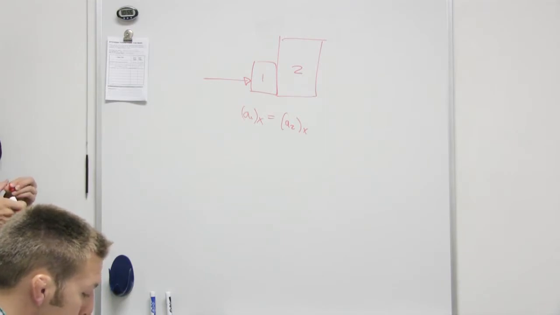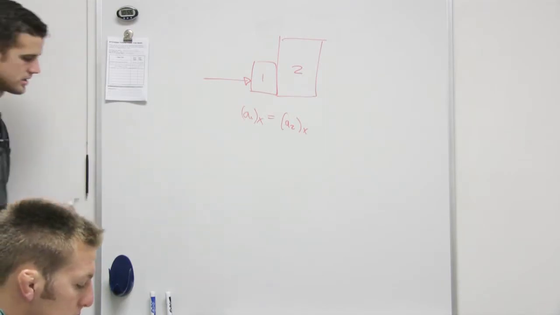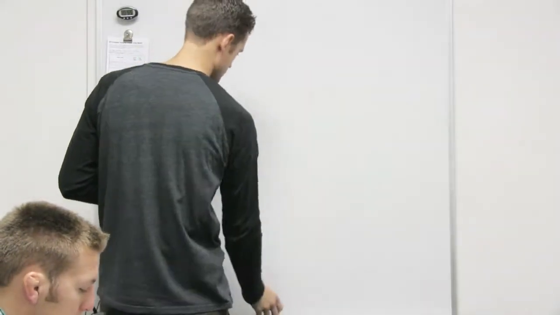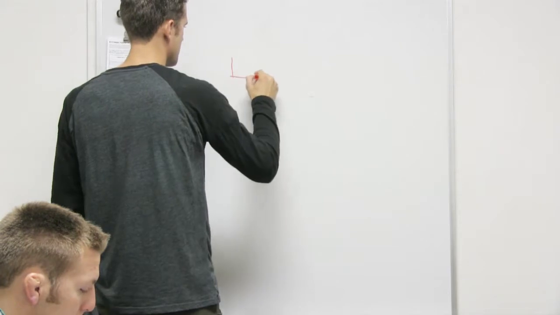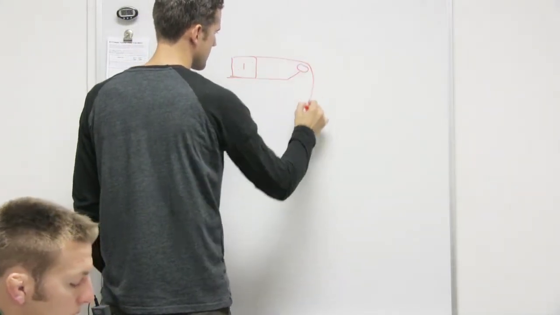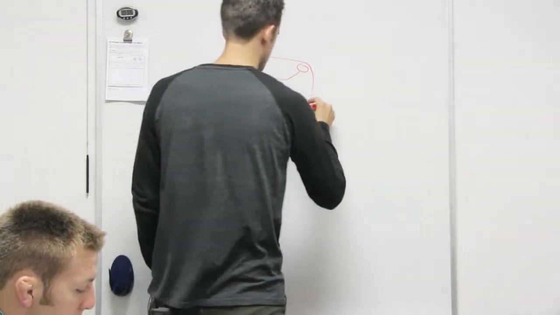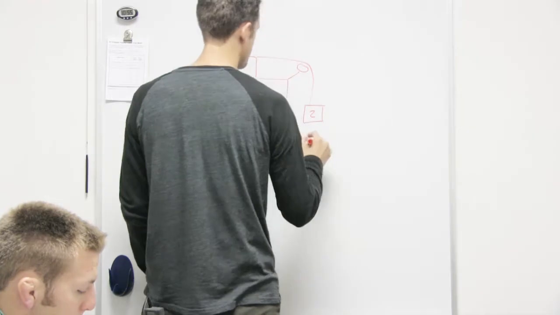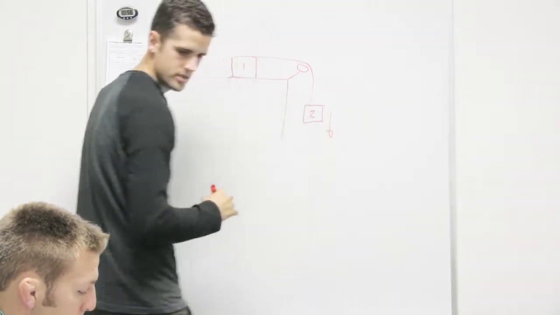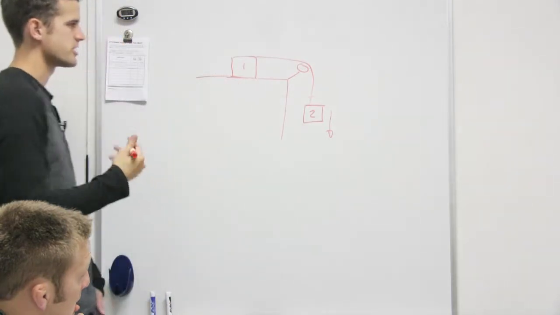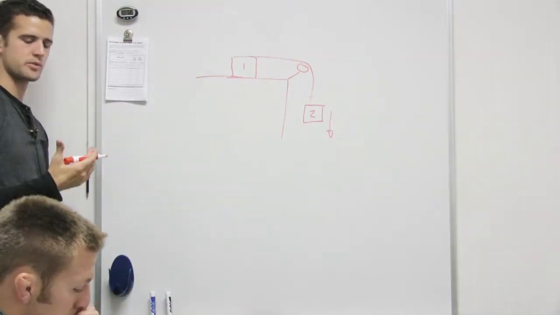Okay. So this one, for a pulley system, has block 1 moving in the x direction and block 2 moving. Which one is greater? No, block 2 would be greater. They're tied together with a rope, so you assume that the rope isn't stretching.